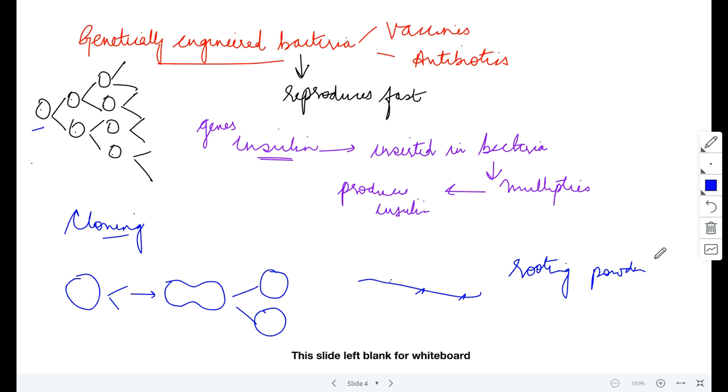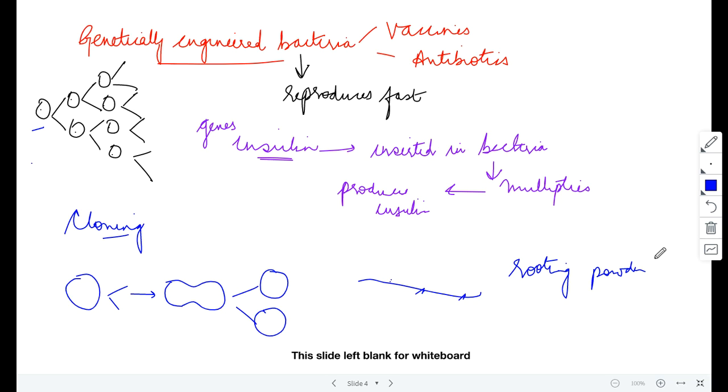When you dip it into the rooting powder, the roots are going to come quickly. Now, what is the advantage of this technique? Can you tell me why we require cloning? So that you can get the characteristics from an organism.